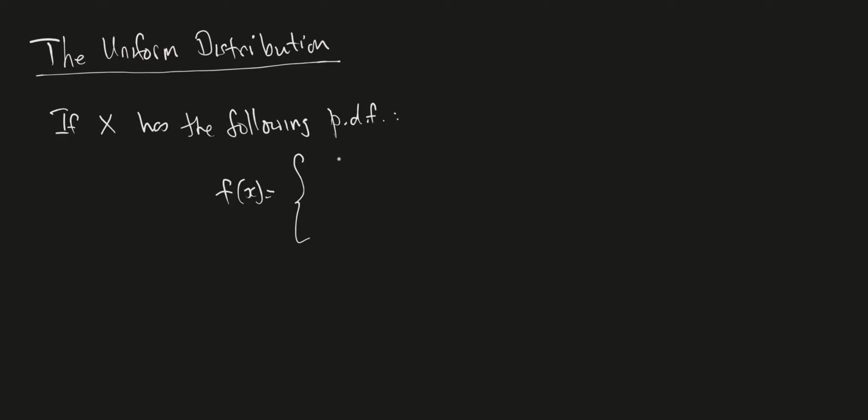If it has a value of 1 over b minus a when x is between a and b, and then it's 0 for all other values of x, so 0 otherwise, right? Then we say that x is a uniform random variable with parameters a and b, right?